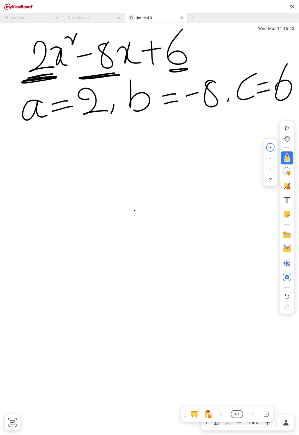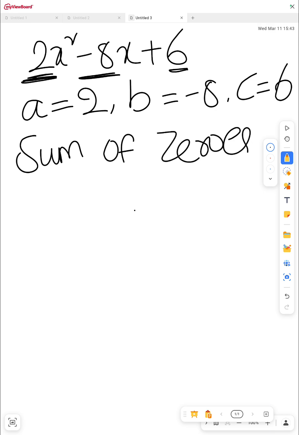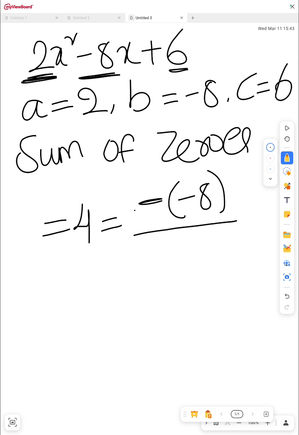Now I will explain how it works. When coming to the sum of zeros, what is the sum here? The sum is 4, which we can write as minus of minus 8 divided by 2. Here minus 8 is the coefficient of x and 2 is the coefficient of x square.